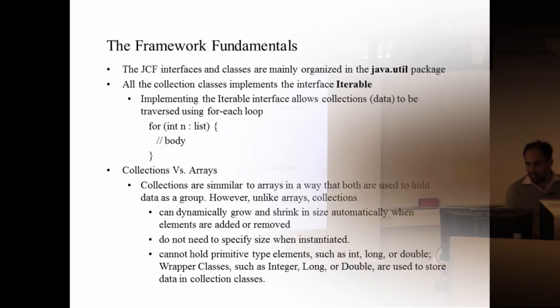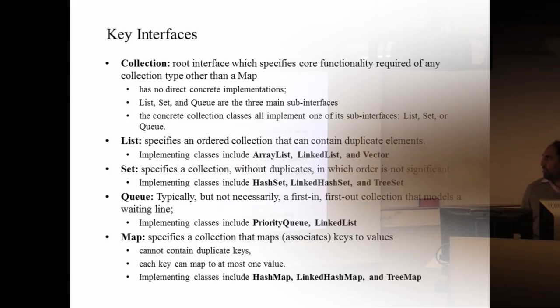Okay, and then moving forward, here are some of the key interfaces. As we saw in the hierarchy diagram, one of the root interfaces at the top is the collection interface. It specifies the core functionality required by all the collection types other than the map.